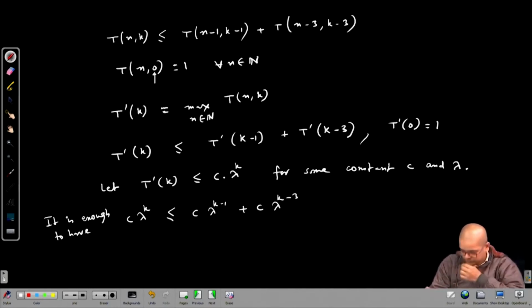If this is true, then the inequality holds.